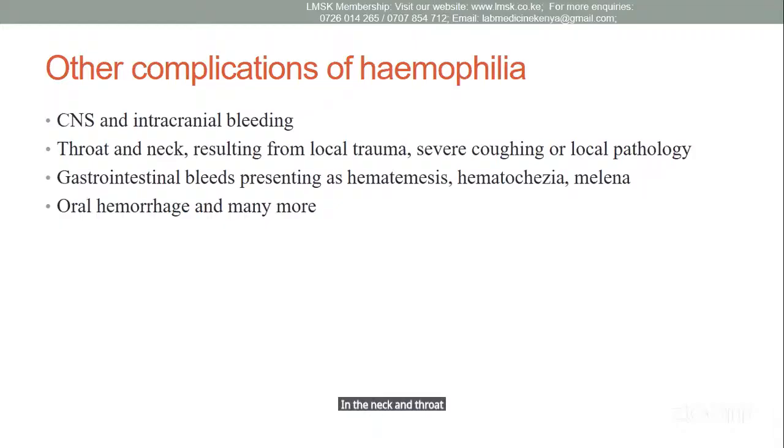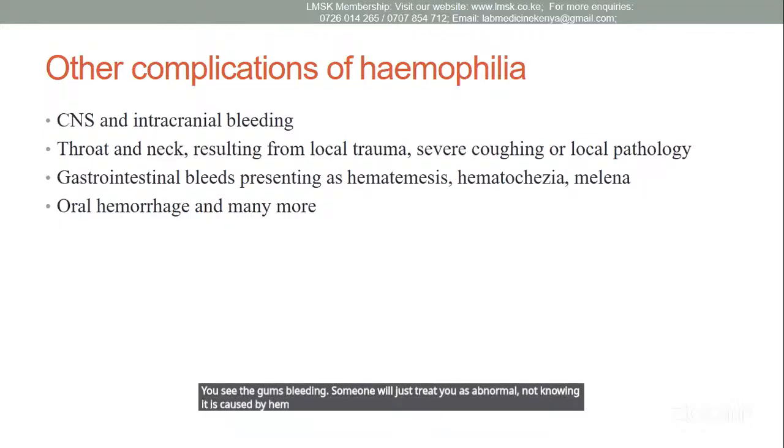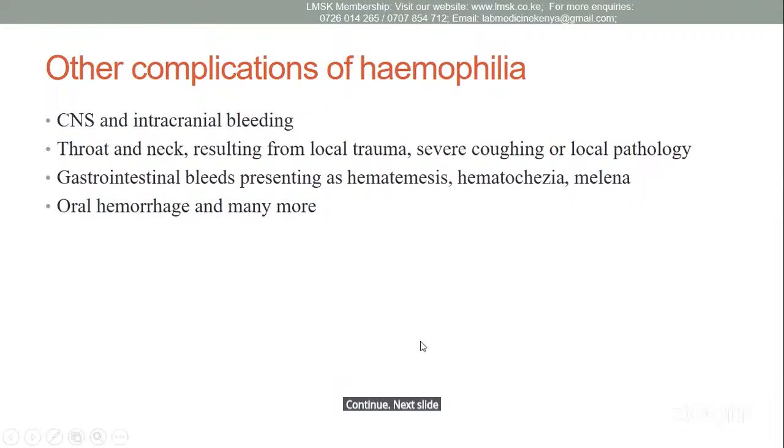Then gastrointestinal bleeding presenting as hematemesis, hematochezia, and melena. Then we also have oral hemorrhage, and many other complications. You just try to eat something and you see the gums bleeding. Someone will just treat it as normal, not knowing it is caused by hemophilia. Continue, next slide.